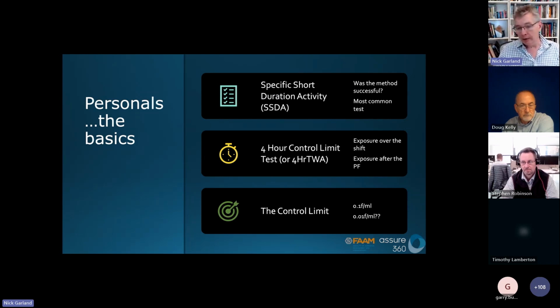So the control limit is key to this last test, and we all know what our control limit is, which is 0.1. The European equivalent is 0.01. That's the current OEL in Europe, with 2 years to implement, and they are going to be reducing it further after that as well.